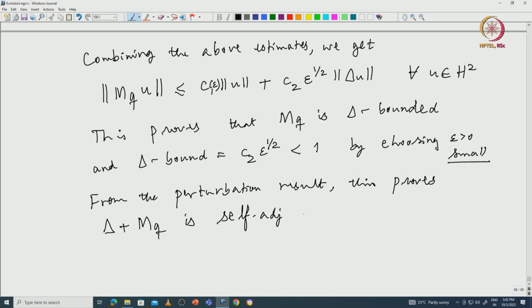Okay, so that implies further, by Stone's theorem, that Laplacian plus MQ generates a unitary group. And that gives the solution for the Schrodinger equation. Let me just write that and then continue.